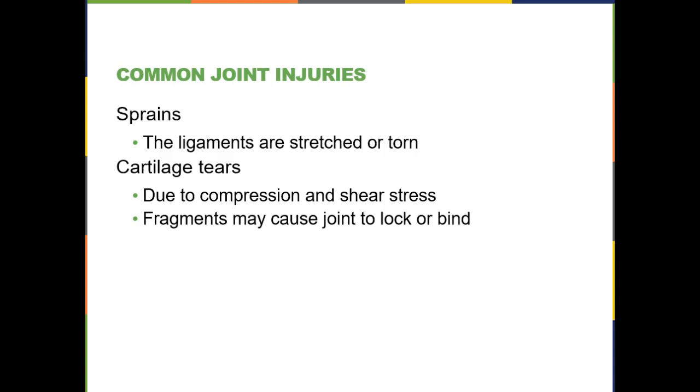And then once a ligament becomes longer, you've lost some of the stability on that joint. Now the bones can move around a little bit more, and the more they move, the less stable the joint becomes. And this is why, if you've ever sprained an ankle, you are prone to spraining it again, because you've weakened it, and you have to do a lot of work strengthening all of the muscles that support that joint.